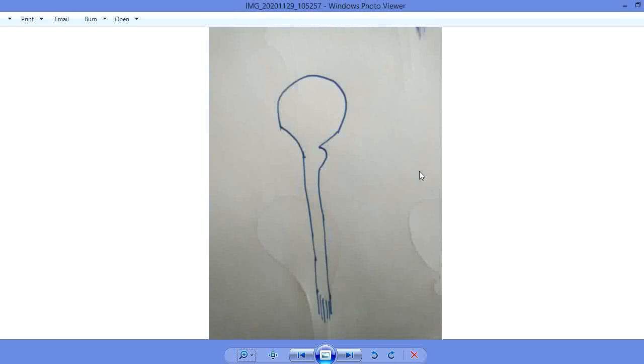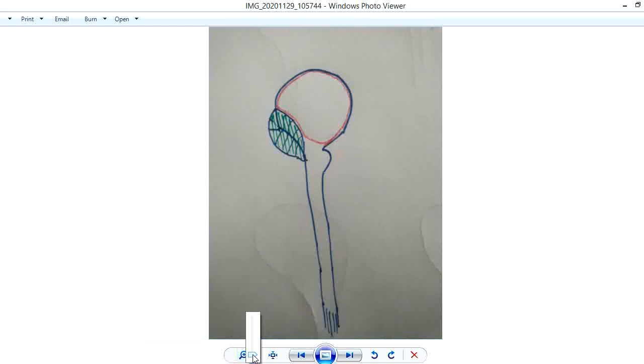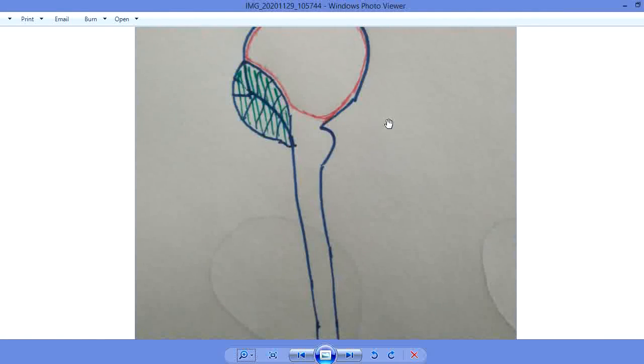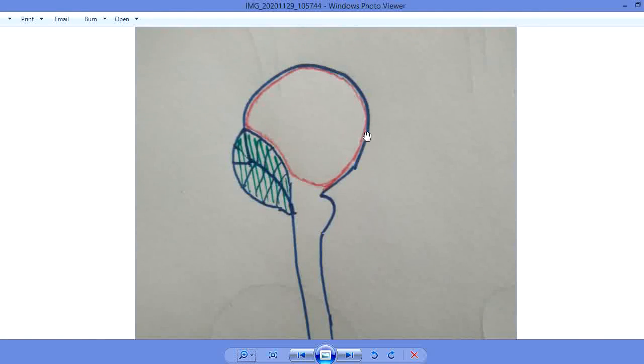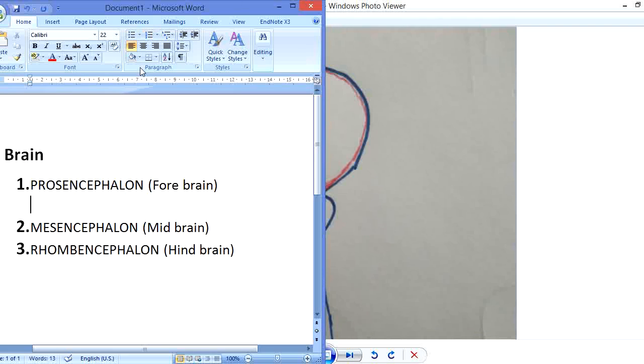Now learning about these three parts. In this diagram you can see that this is the major part of the brain. This part of the brain is the major part of the brain, and this part of the brain make the forebrain. This make the forebrain. The forebrain actually consists of further two main parts of the forebrain.